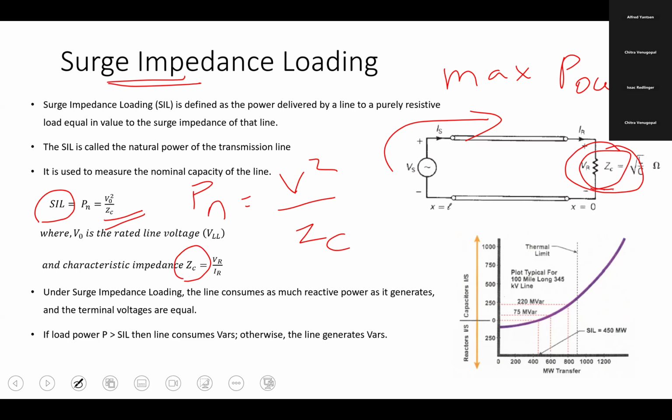On the source side, we don't know the impedance, but we are assuming it's a lossless line, so maximum power should be transported. If it is maximum power transfer, then your load impedance is the same as the source impedance. So all the impedance is only ZC. You are taking ZC as the only impedance in the whole line and including ZC in the calculation. The nominal capacity of the power that can be transported is calculated from this value.